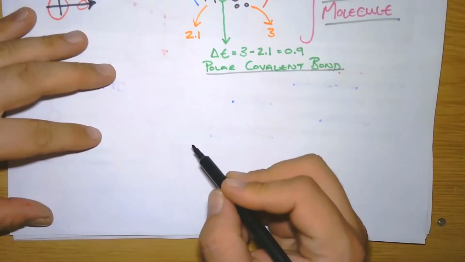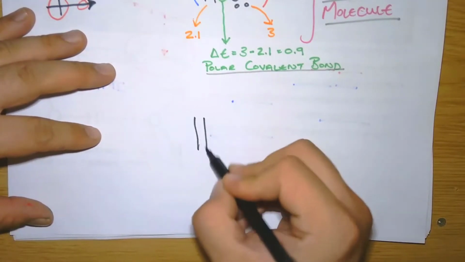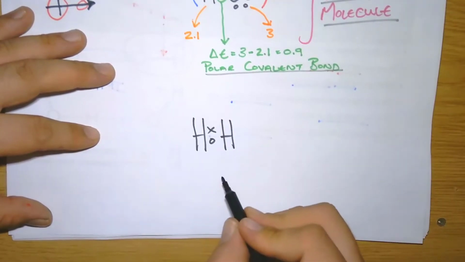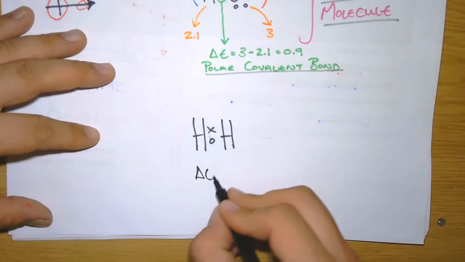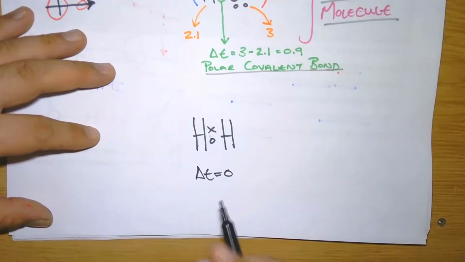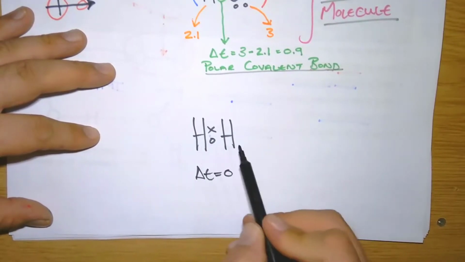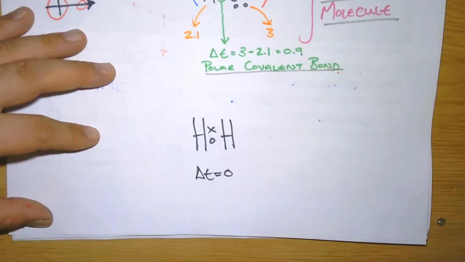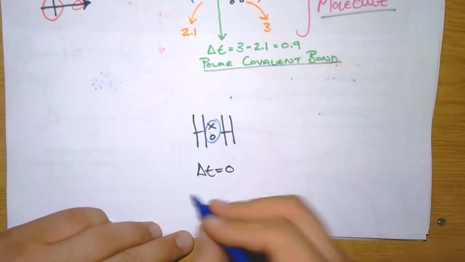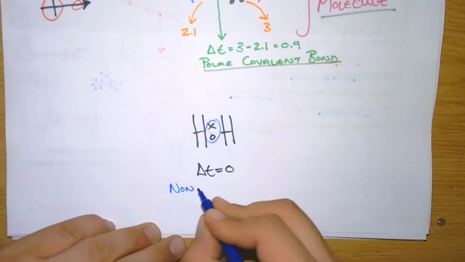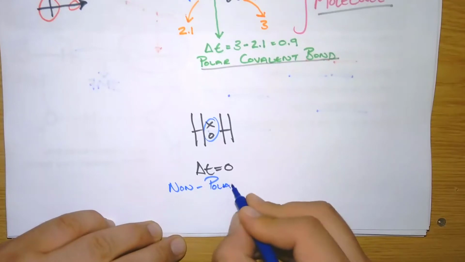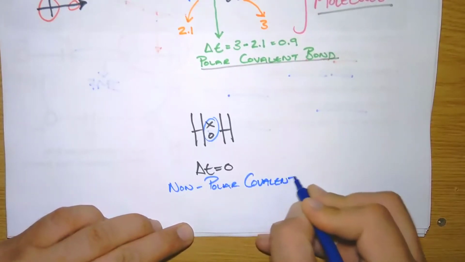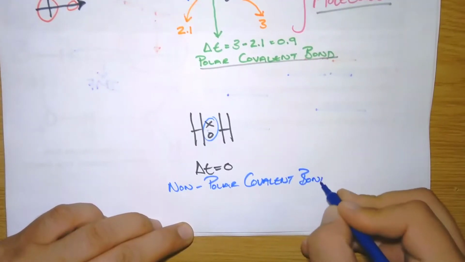So molecules that exist out of two of the same atoms, like let's say hydrogen gas, we can see here that we know the difference in electronegativity is going to be equal to 0, because it's going to be 2.1 minus 2.1. So that makes this little bond here a non-polar covalent bond.